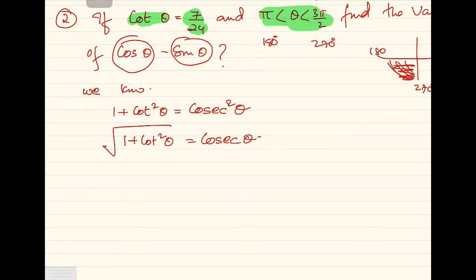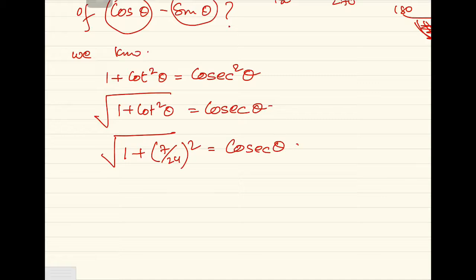So what do I get here is under root 1 plus 7 by 24 whole square, that is 49 divided by 24 whole square. 24 into 24, using your calculator, gives me 576. And this side I'm getting cosec theta, correct?